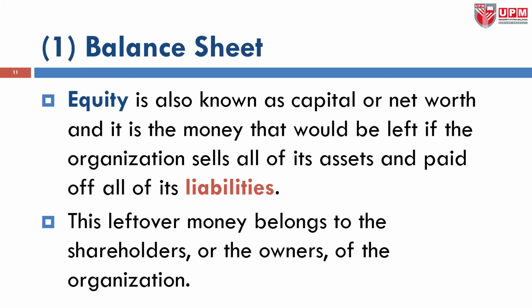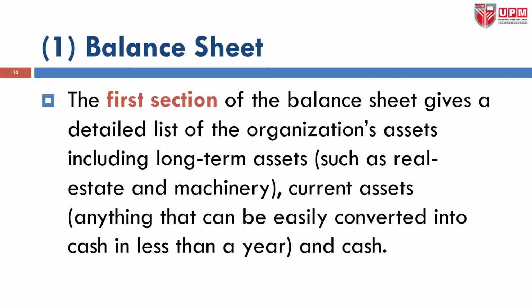Whereas equity is also known as capital or net worth, and it is the money that would be left if the organization sells all of its assets and pays off all of its liabilities. This leftover money belongs to the shareholders or the owners of the organization.